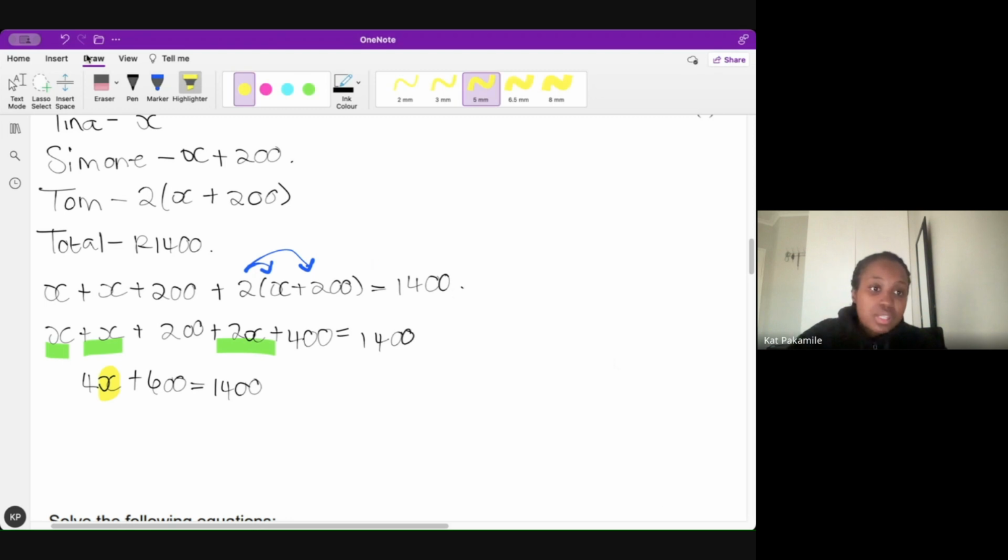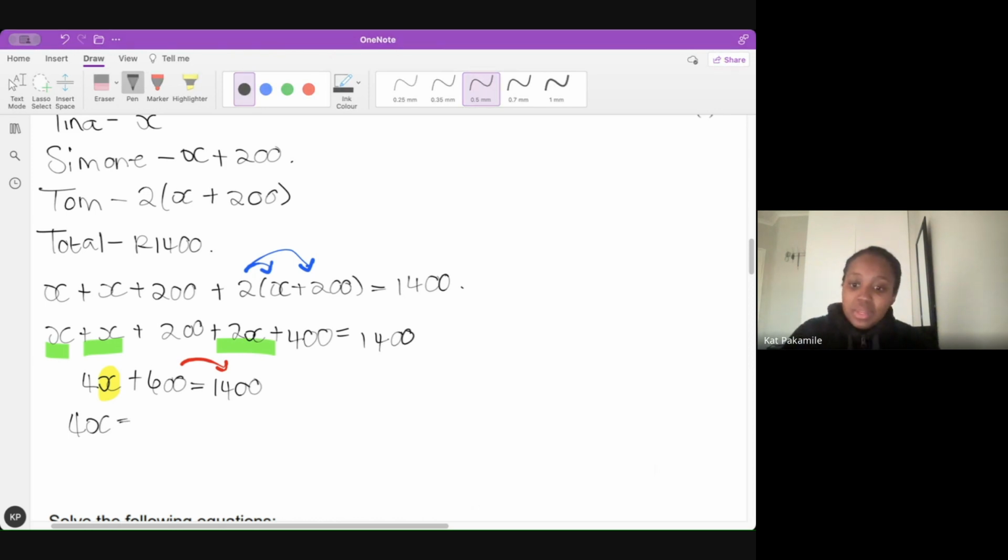Now, 600, we're going to do our inverse operations, which basically means my 600 will go over. Then I'm going to be left with 4x. What happens to the 600 when it goes over to the other side? Nice. No, it becomes negative. So it'll be 1,400 minus 600.